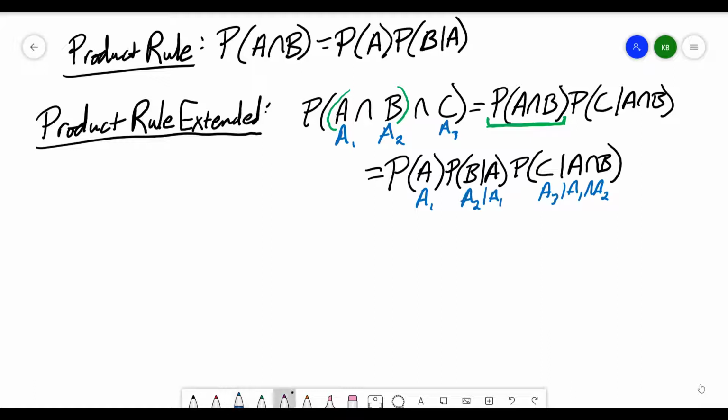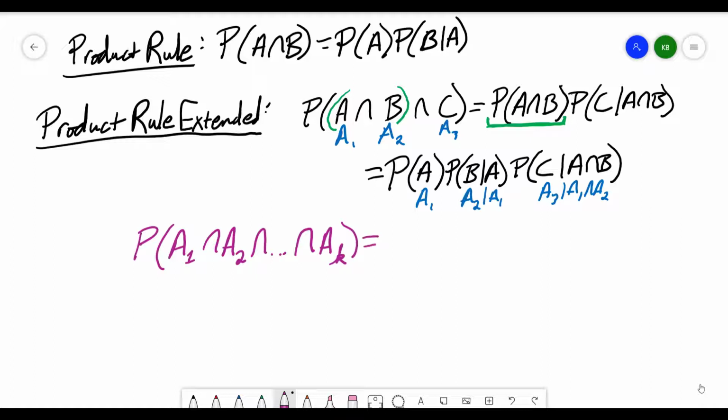So if I wanted to generalize this, then what I have is the probability of A1 intersect A2 intersect, and I can keep on going with these intersections up to, say, AK.